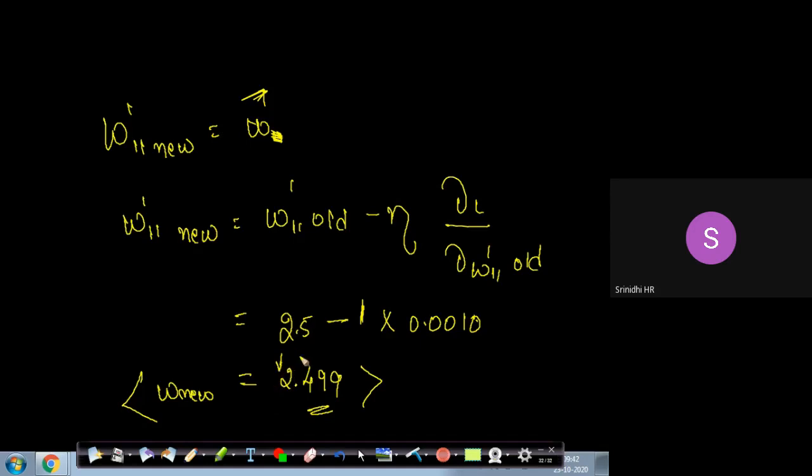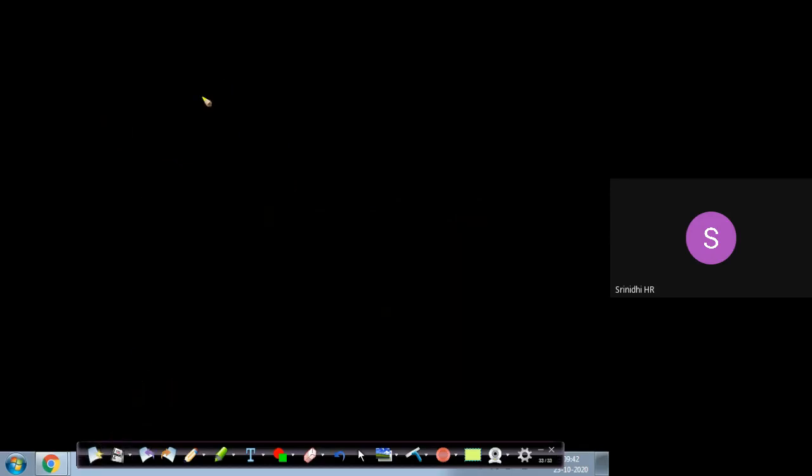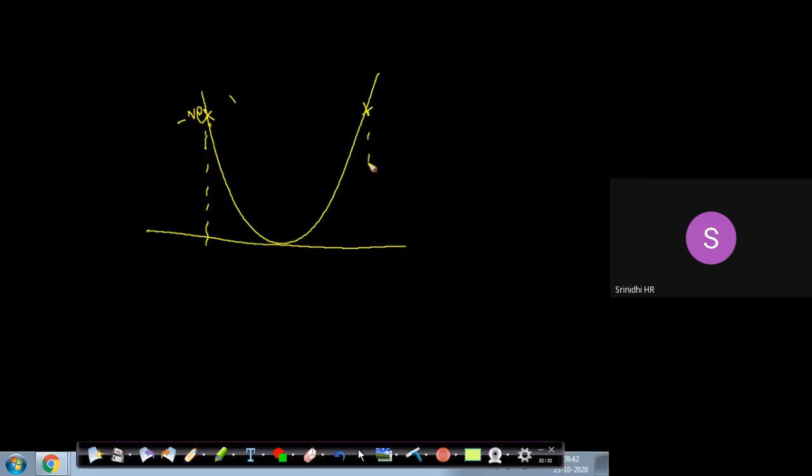Now you need to know, let me draw your gradient descent curve. Your gradient descent curve looks like this. If it is at this point, it is a negative curve; if it is at this point, it is a positive curve.